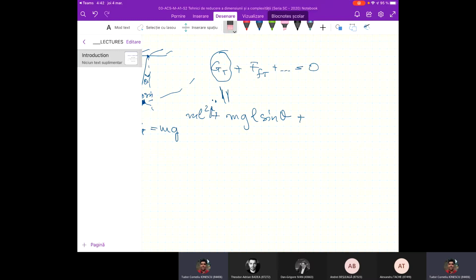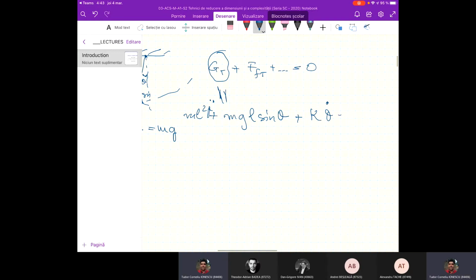The friction force depends on the velocity. So it's something like k, which is a friction constant, times theta dot, not double dot, but dot.